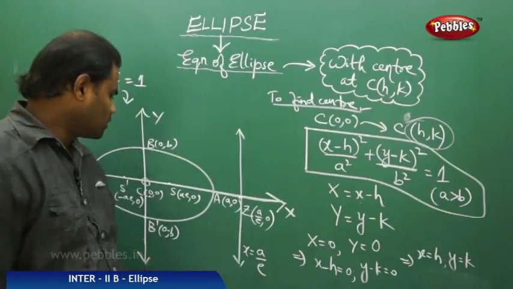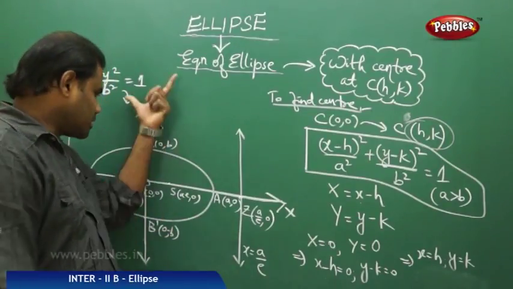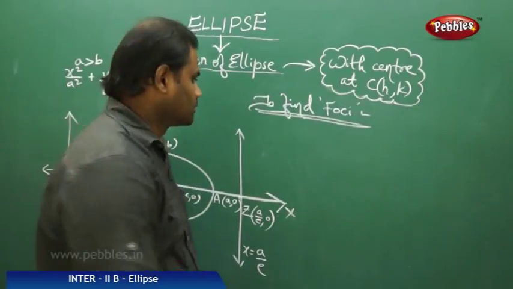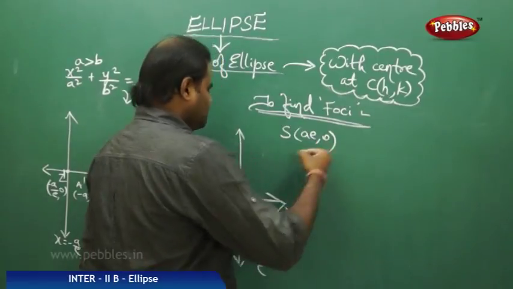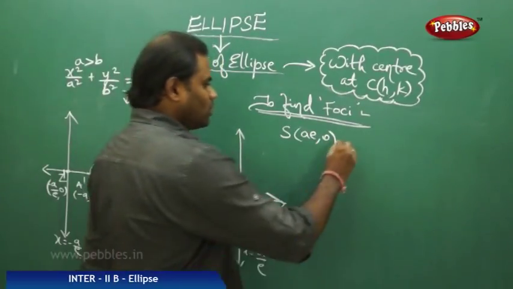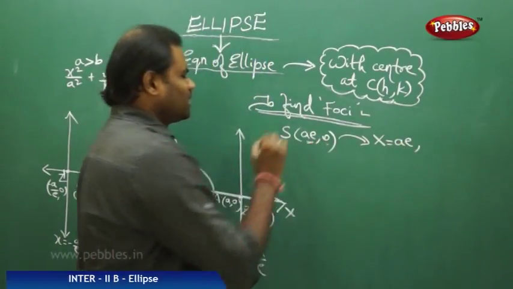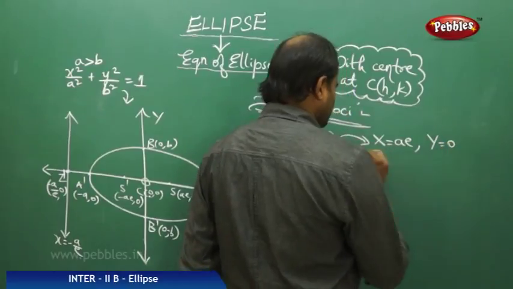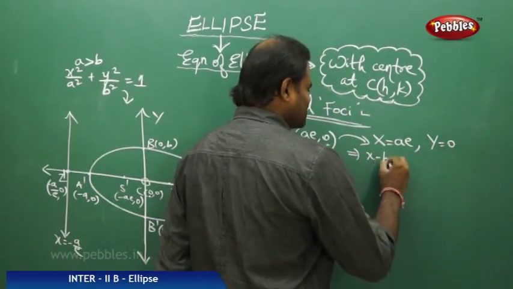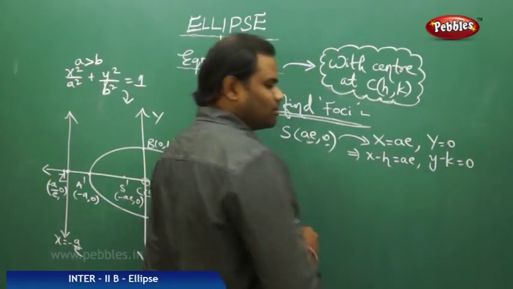Now let's find the foci S and S dash for the new transformed equation using the standard form of the ellipse. The focus S (ae, 0) when transformed is obtained by taking x equal to ae and y equal to 0, where x minus h equals ae and y minus k is 0.